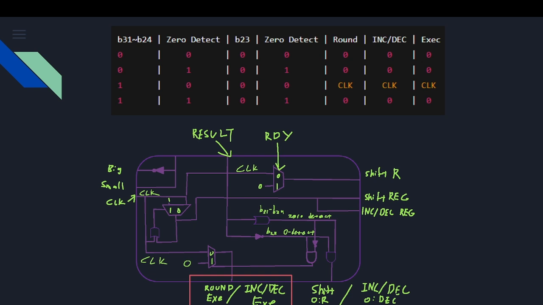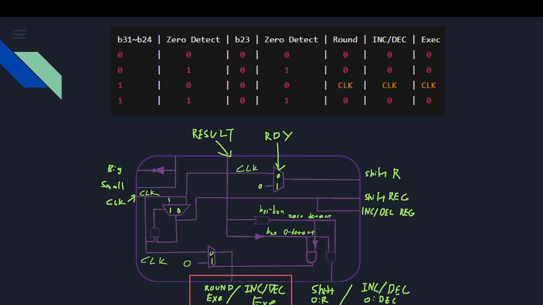And this part is the zero detector plus execute control part. I just merged some parts into a single truth table in order to save space. So what this basically does is this block uses two zero detection signals, one looking at bits B31 through B24, and one looking at bit B23, right?